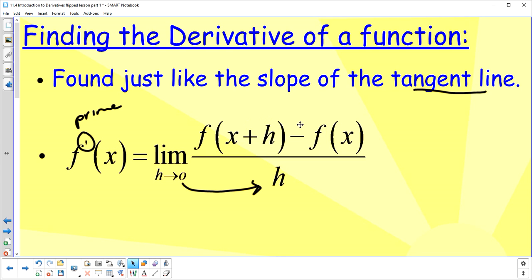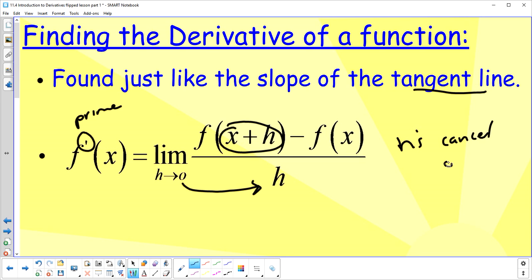And so what we need to do is simplify our f of x plus h, meaning we're going to plug in x plus h everywhere we have an x, and everything should disappear that has only an x so that our h's cancel out. Big thing here, we are trying to have the h's cancel out when we do our first derivative, so that then we can just plug in 0 for h and we'll be left with f prime of x, or the derivative of f of x.